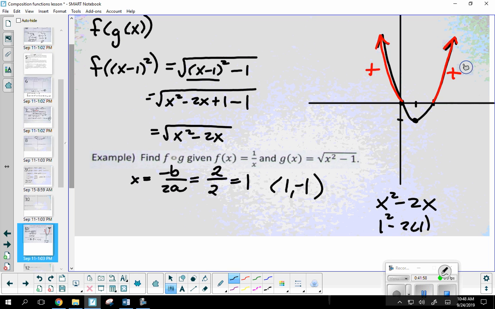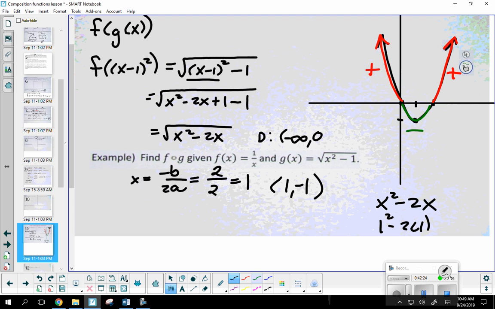So what about this one here? Let me go ahead and highlight it in, let's say, green. What does that represent? That represents below, so that's a negative, right? So knowing this, can anybody now tell me what the domain of this composite function has to be? What are the only acceptable x? Negative infinity to what?